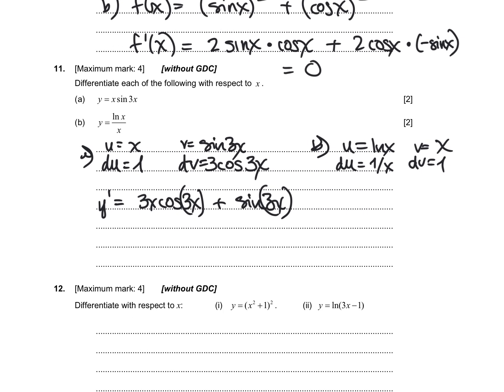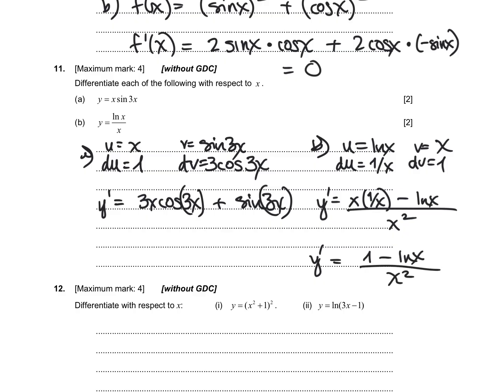So y prime is going to be v squared on the bottom, and starting with v du minus u dv, which is just natural log x. So simplifying this, we're going to just have 1 minus natural log x over x squared.